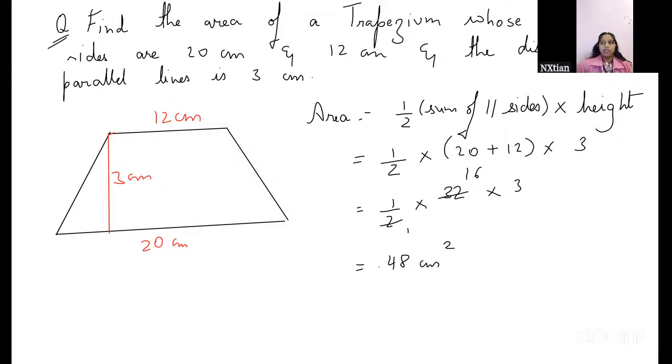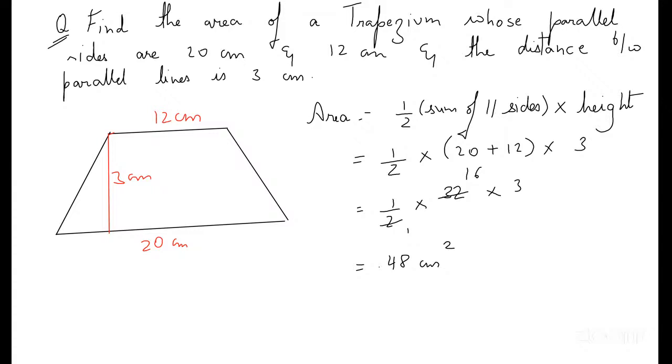We do half into the sum of the measurements of the parallel lines, and then multiply it with the height. First we add, then multiply all three things, cancel everything out and find the area.